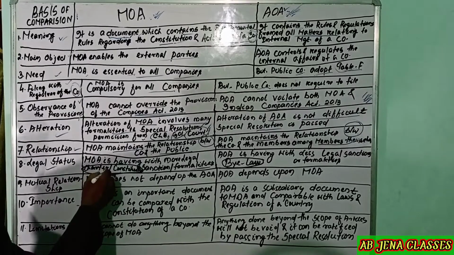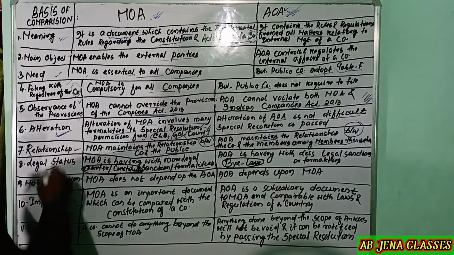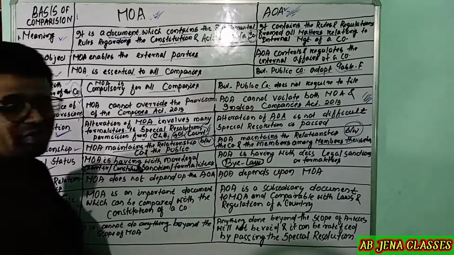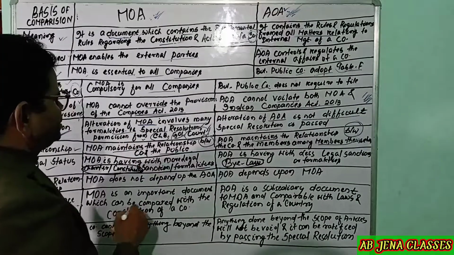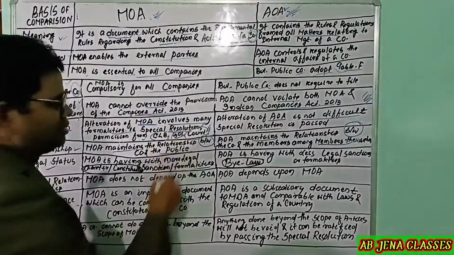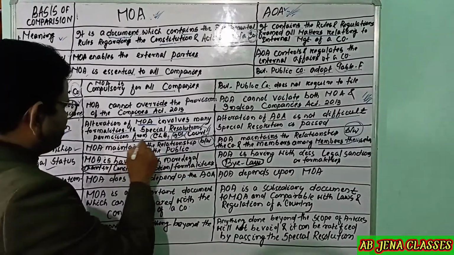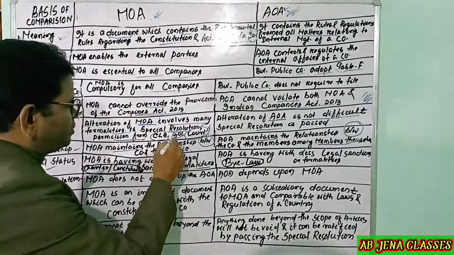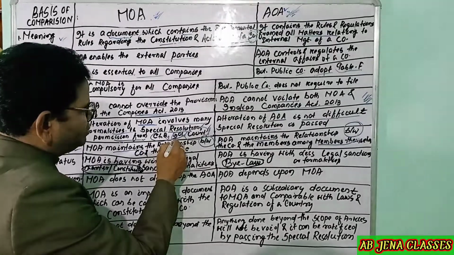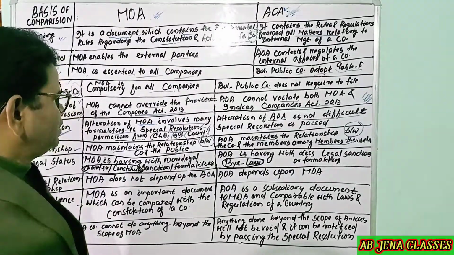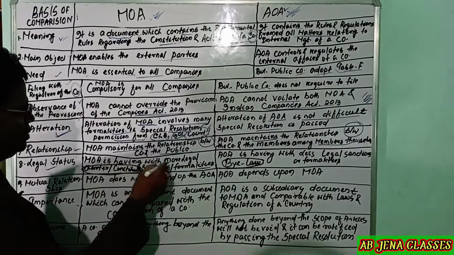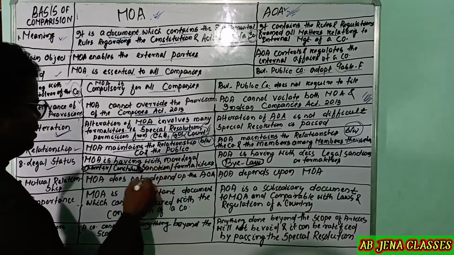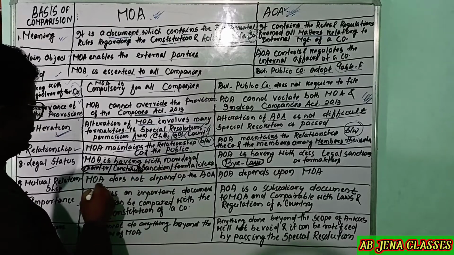As already discussed under alteration, a company has to follow many formalities to change its Memorandum of Association: a special resolution is a must, and permission from the Company Law Board, the Government of India, and the court. That is why the Memorandum of Association has many legal sanctions and formalities.